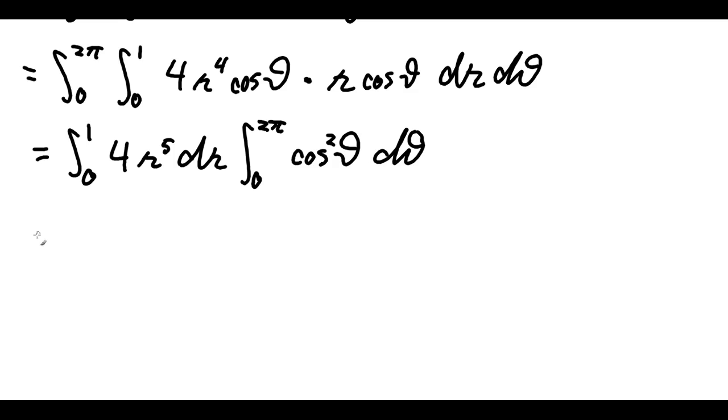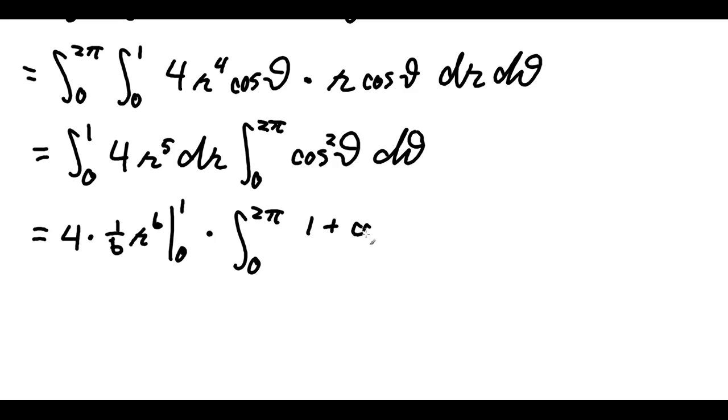So let's see what this works out to. We'll have 4 times, that is going to be 1/6 r to the 6th from 0 to 1, times this integral here, that is the integral from 0 to 2 pi. We need a power reduction on the cosine, right? That is 1 plus cosine 2 theta over 2 d theta.